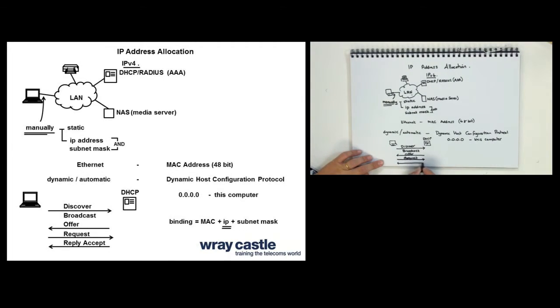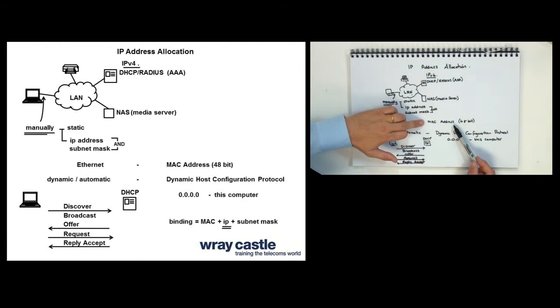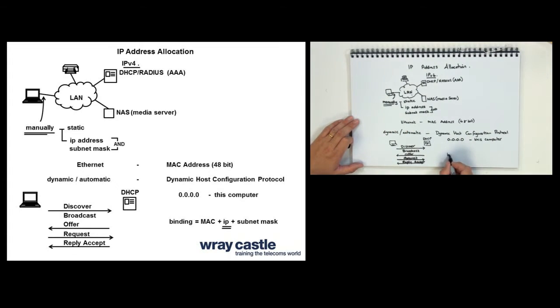The reply or the accept message that comes back is the message that really now binds the user terminal to an IP address. And the information that we actually bind at this point is going to be an identity known to the host, and the identity that's known to the host, of course, is the MAC address. So we actually create a binding between the MAC address and the now new IP address, which is the IP address that's been allocated by the DHCP server.